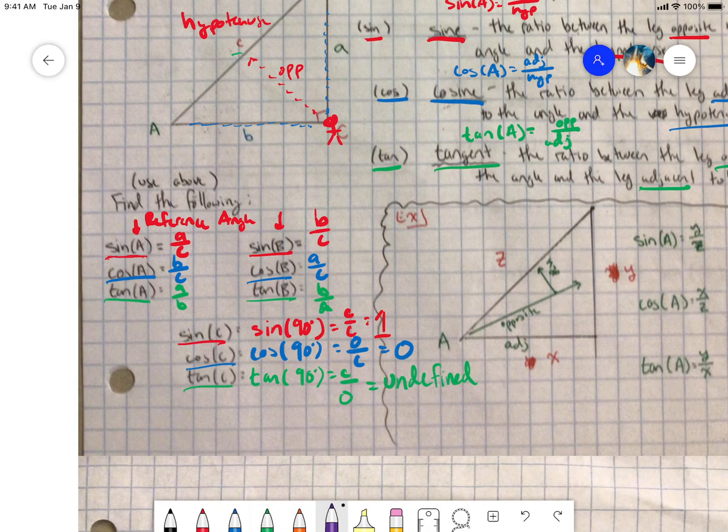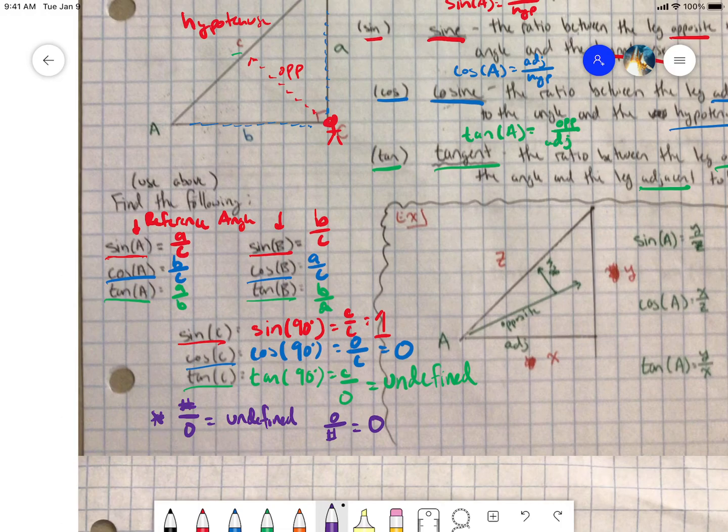I'll use purple. Any number over 0 is equal to undefined. And 0 over any number will always be 0. Okay?